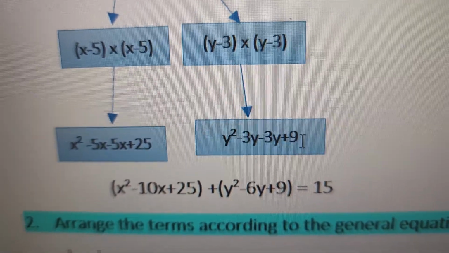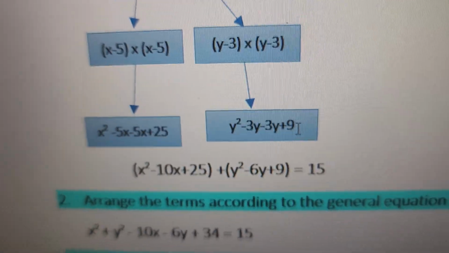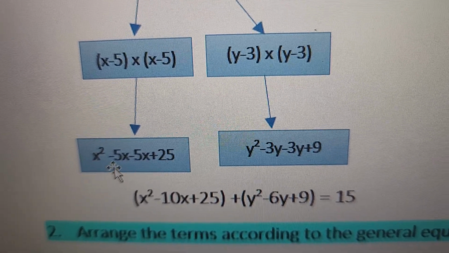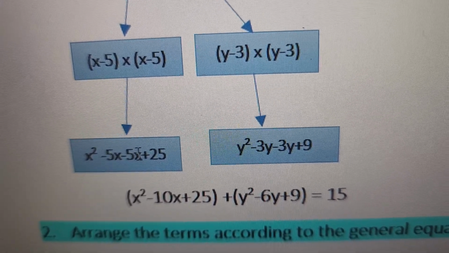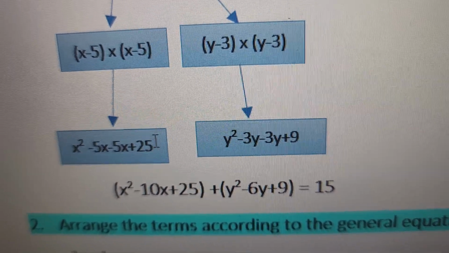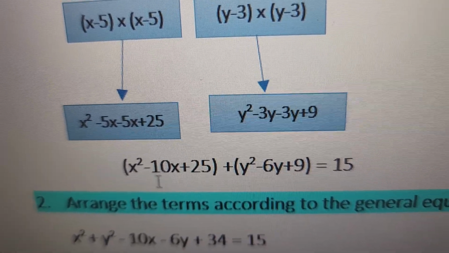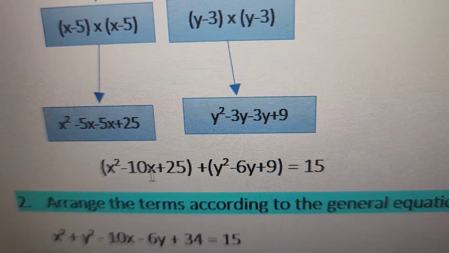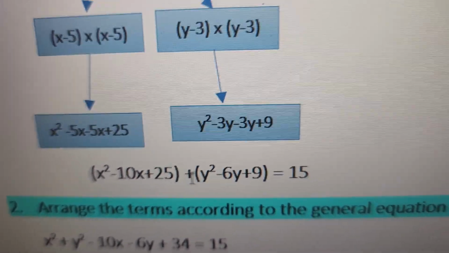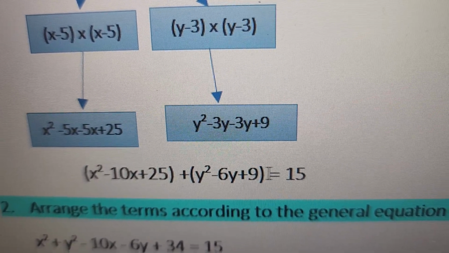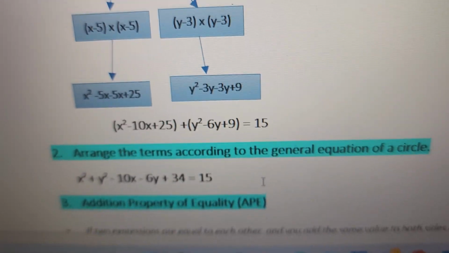Then after, you will see the factors here: x squared minus 5x minus 5x plus 25. This now becomes x squared minus 10x plus 25 plus y squared minus 6y plus 9 equals 15. Okay?